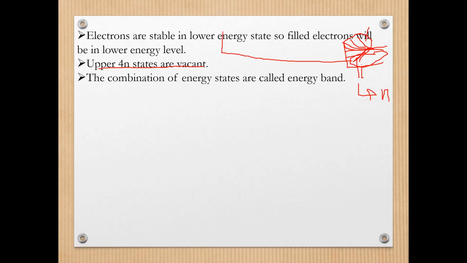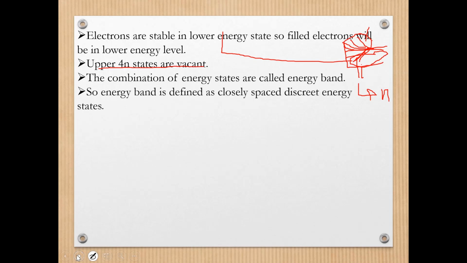The combination of these energy states is called the energy band. So energy band is defined as closely spaced discrete energy states.